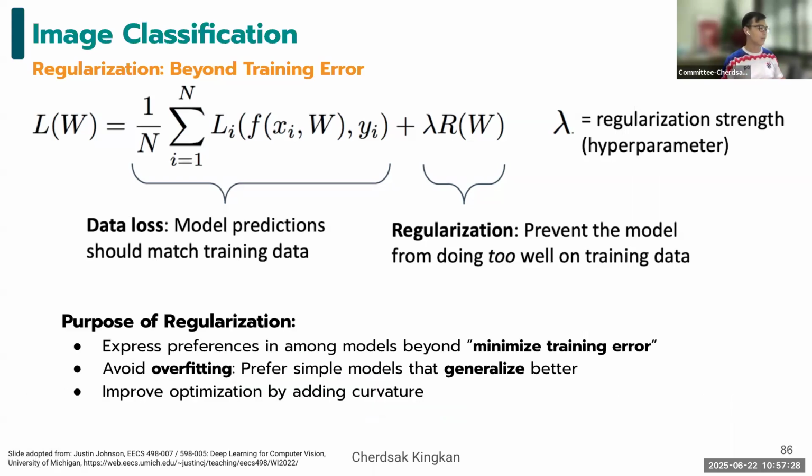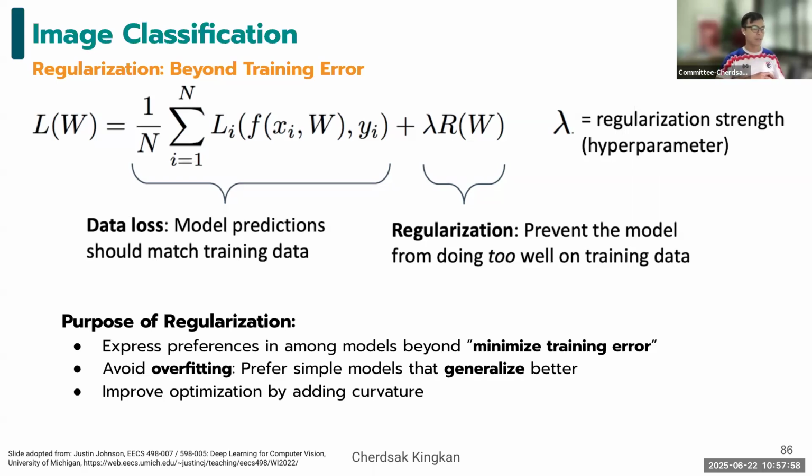So the purpose of regularization, there are three purposes. The first one, we add this regularization to express our preference to the model, that we want something beyond just minimizing errors, all right. Basically, when we train the models, we want to minimize errors.